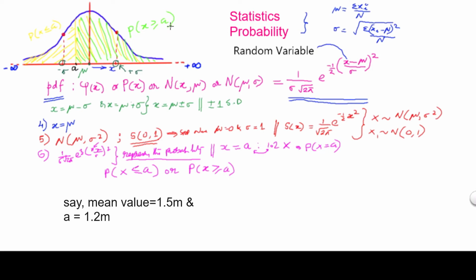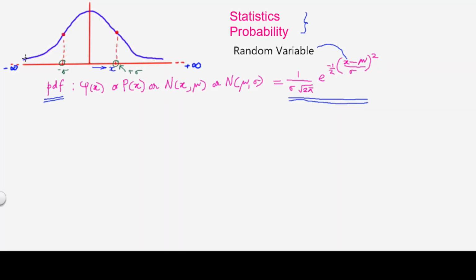So the term probability in such cases, or what engineers seek, is the area below the curve like this, rather than the probability appearing on the y-axis. Okay, now question 7.